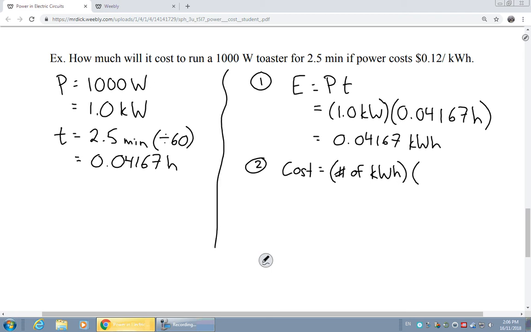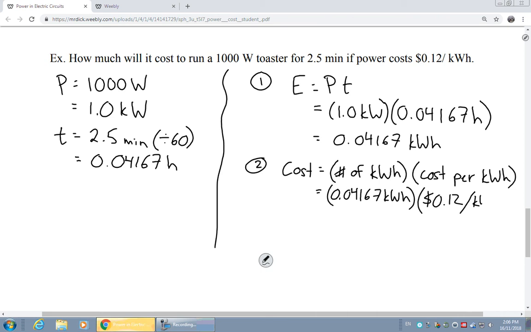And then we just multiply that by the cost per kilowatt hour. So more mathematically now, that's 0.04167 kilowatt hours multiplied by 0.12 or 12 cents per kilowatt hour.